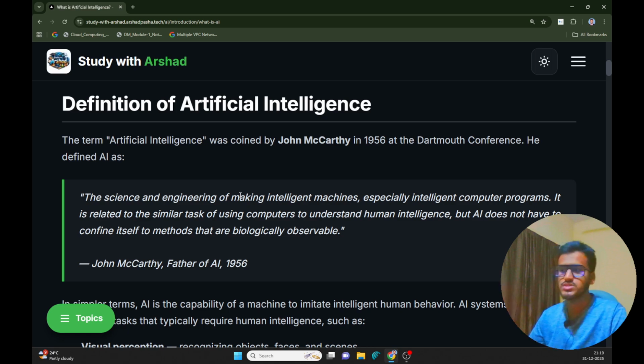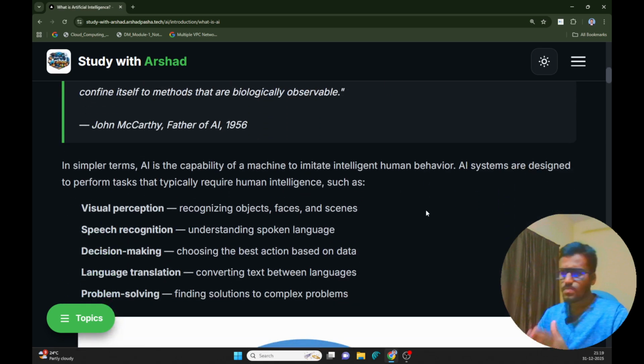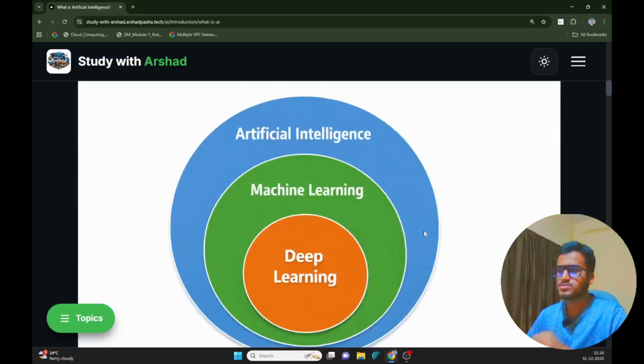AI is based on visual perception, speech, decision making, language translation and problem solving. Humans can also do advanced things, but artificial intelligence can do them at a very high speed.